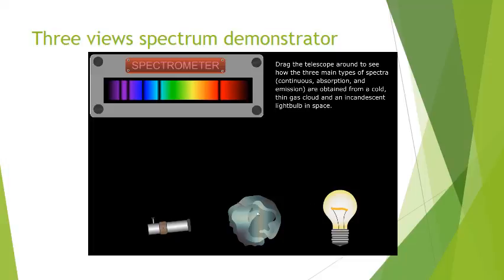The gas will absorb and emit a photon of the same frequency. However, that electron, when it emits a photon as it drops back down into its ground state, can emit it in any direction. So it doesn't necessarily emit it in the same direction as my spectrometer. And therefore, that's why it doesn't fill in that black spot.